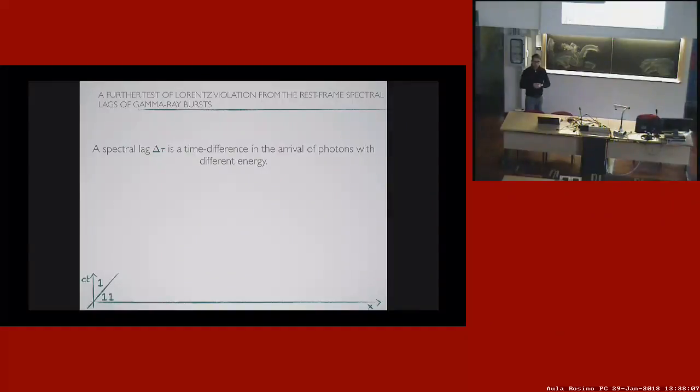Spectral lags, by definition, are time differences in the arrival of photons with different energy. I suppose that it may sound a little bit strange to us because photons are supposed to travel at the same velocity c. But anyway, this is a rather typical feature of gamma ray bursts, although there is no agreement about the theoretical explanation of those spectral lags.